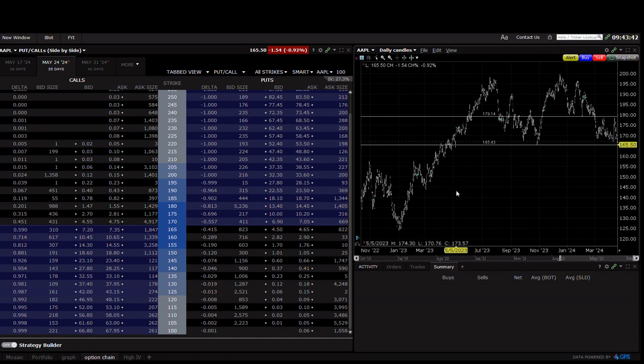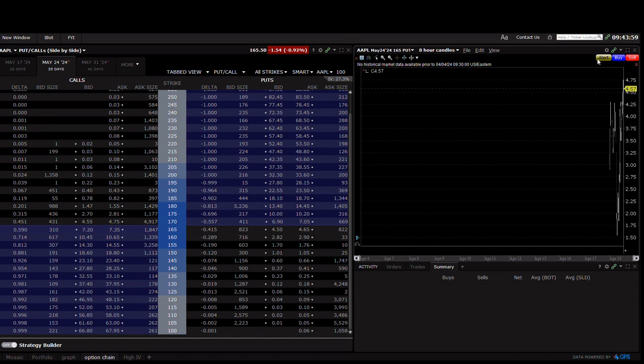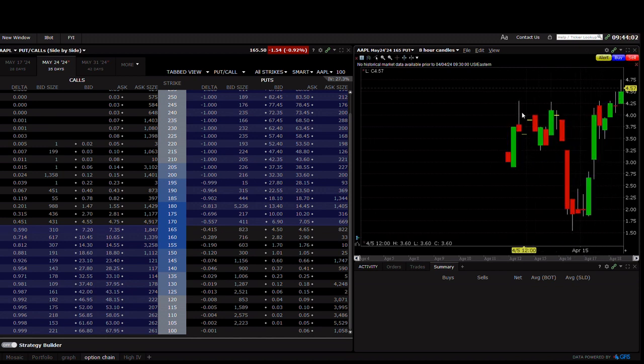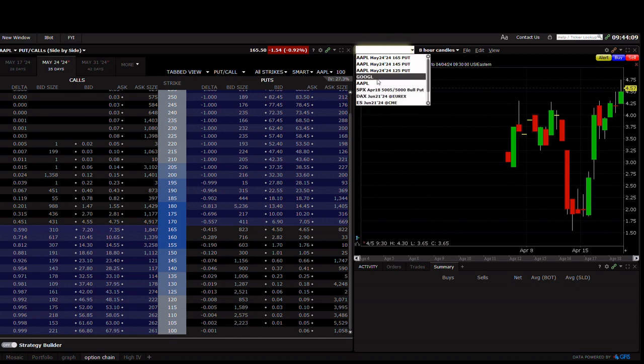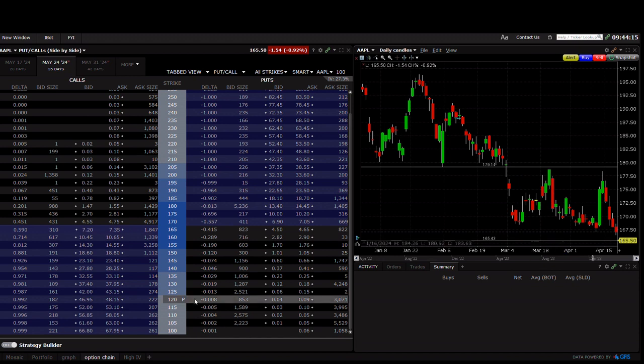So what they do is they buy protection on the upside, when the price goes up. That is what you see on the left side of this option chain. For example, let's say for the 165 strike price, you have two values here.